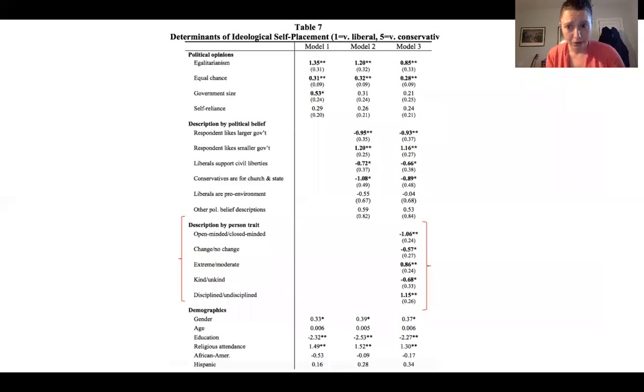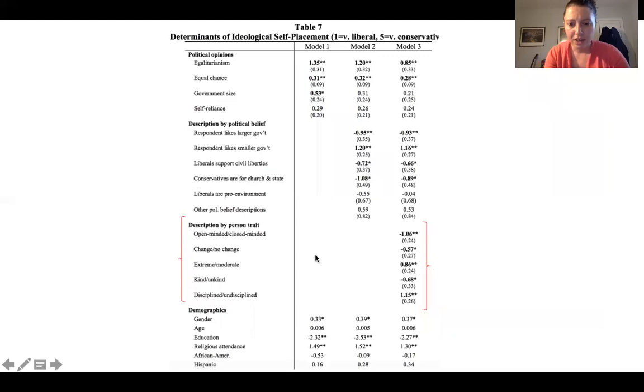And I'm not going to go through this whole chart with you guys because I know that can get a little bit dry, but this is a regression table and it's trying to show what predicts how people in this survey label themselves. So why are some people calling themselves liberal, which is a 1, versus a conservative, which is a 5? And in brackets down here in red, this is the area where people are talking about personality traits.